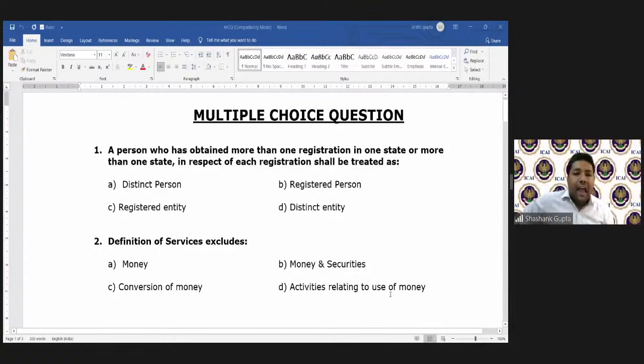A person who has obtained more than one registration in one state or in more than one state, in respect of each registration shall be treated as A, distinct person, B, registered person, C, registered entity, or D, distinct entity. Come on, A, B, C, or D. Answer fast. 1A, 1B, 1C, 1D. Which one? Come on, students.